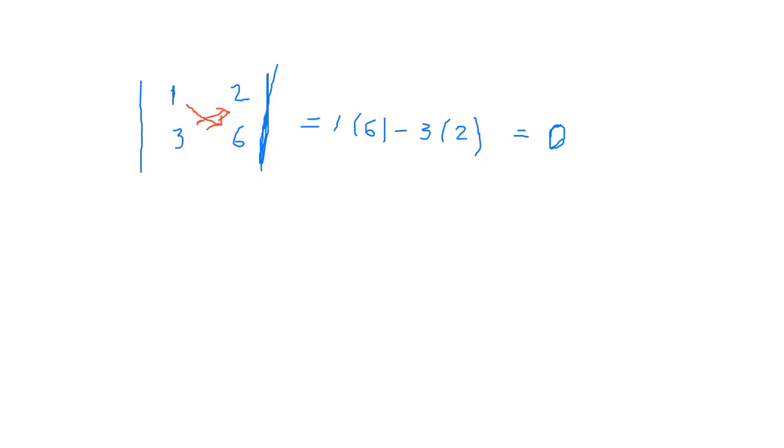What do we notice about the columns here? The 1, 3 column and the 2, 6 column. We could call them vectors. What's interesting about 1, 3, and 2, 6? They are linearly dependent.